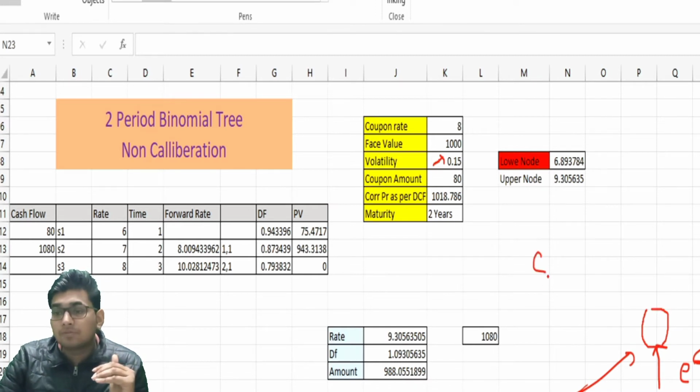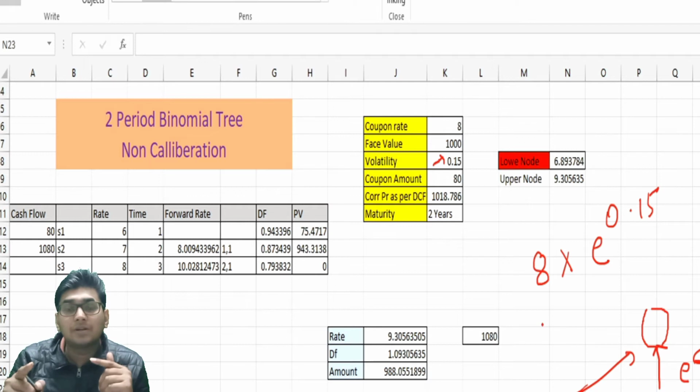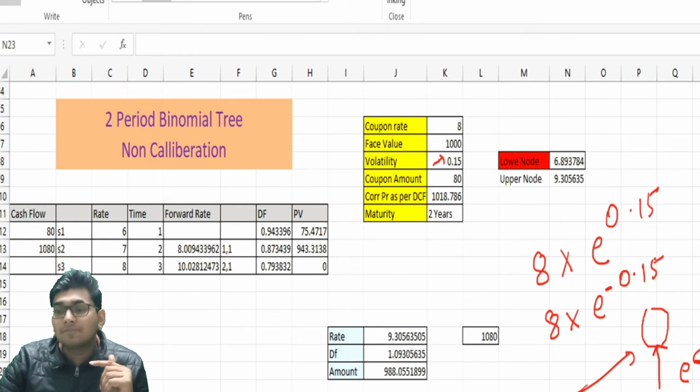Clear? Now, if you see this side, the red color box, lower node as well as top node, I have calculated this with the same formula. You can see E13. E13 is my forward rate, and then exponential minus K8.